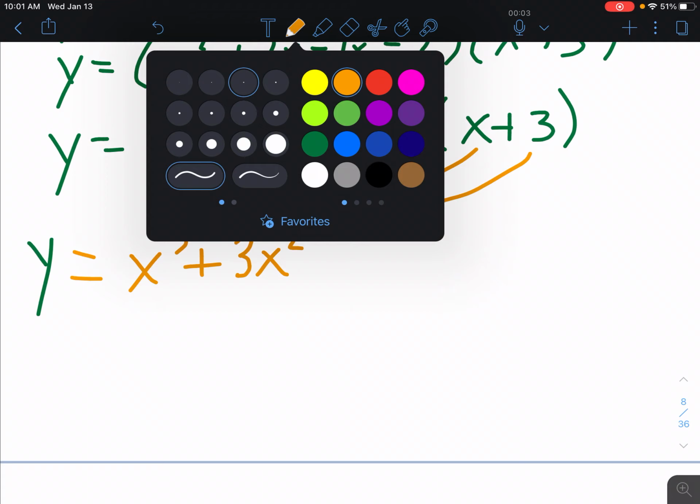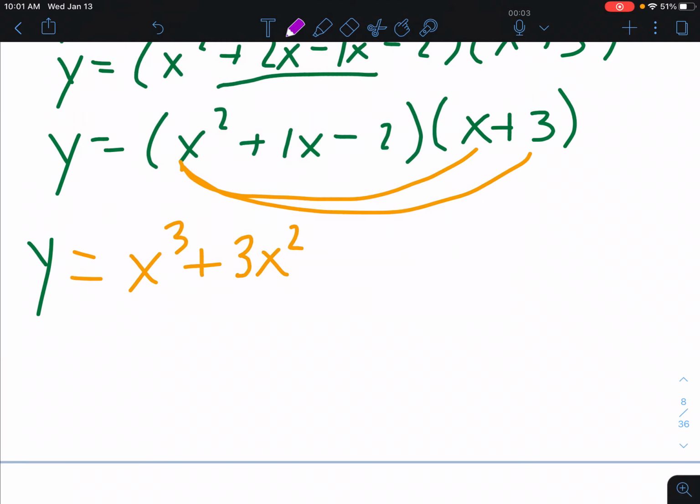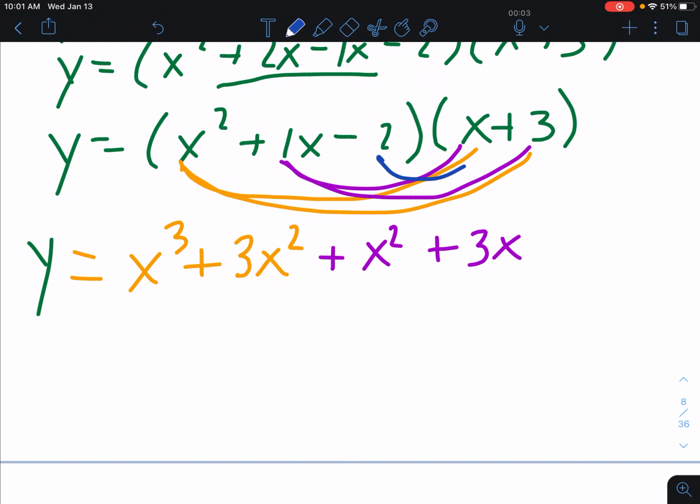Then we move on to the next term, the 1x times x. So plus 1x squared, and then 1x times 3. And then we move on to the last, -2 times x, and -2 times 3. It's really not difficult, just takes a bit of time.